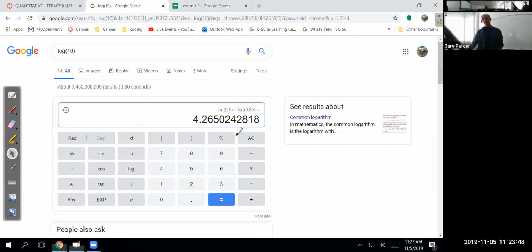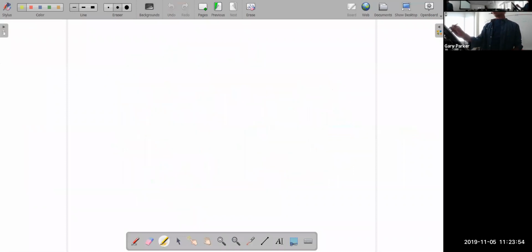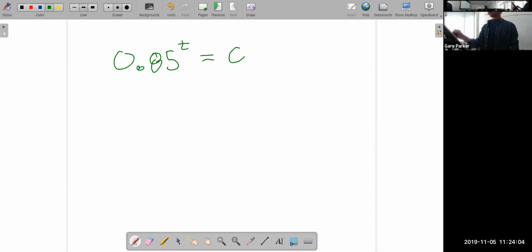So to test that, I got to go back to my original equation. Original equation was 0.85 to the power t. I was wanting to know when was that equal to 0.5. And we believe that t should be about 4.265. Okay, so to test it, we just plug it in.